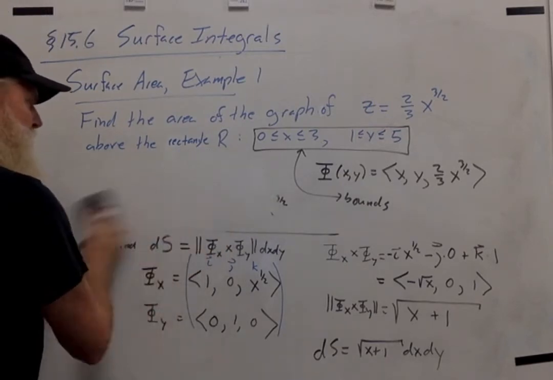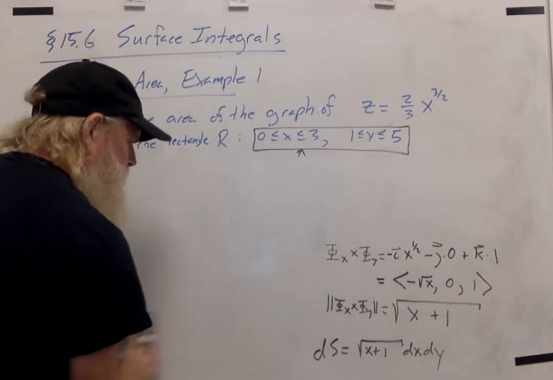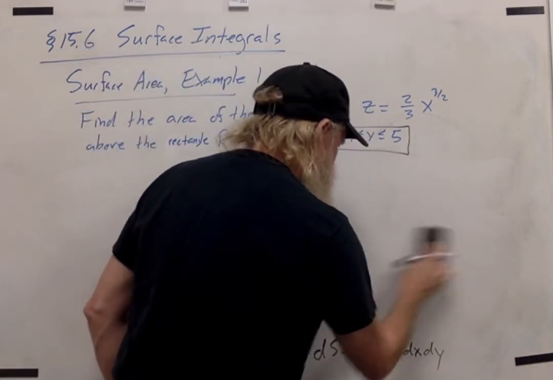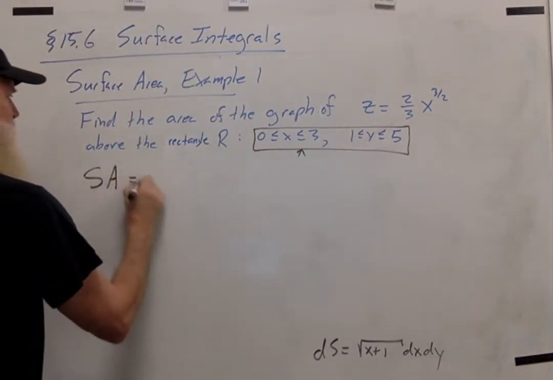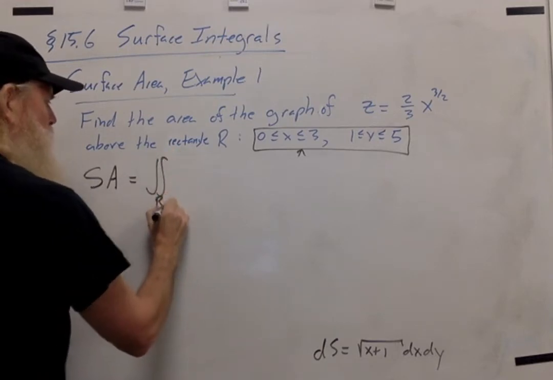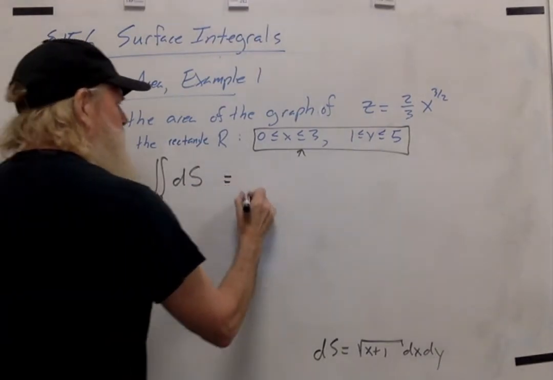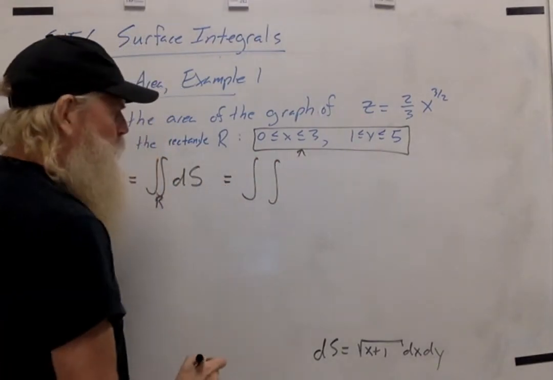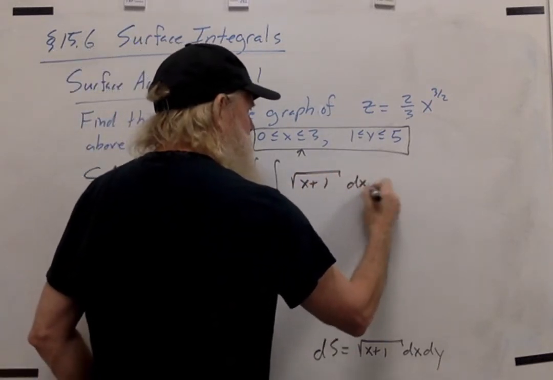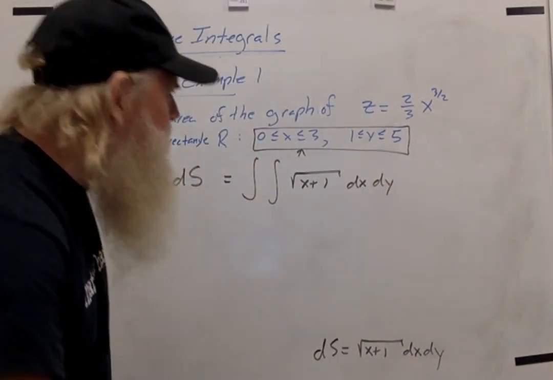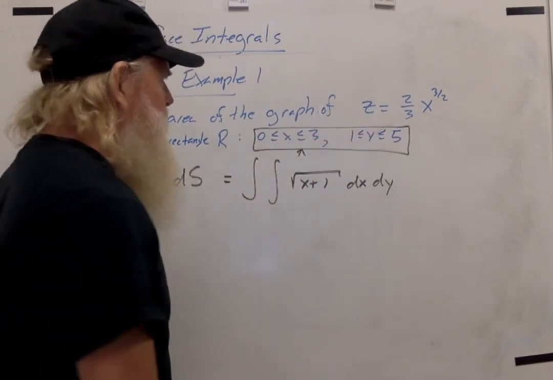Now let's set up the integral and evaluate it. The surface area of S will be the double integral over R of the surface area element, which is going to be the integral of the square root of x plus 1 dx dy. Here it doesn't really matter whether I write dx dy or dy dx because I'm integrating over a rectangle.